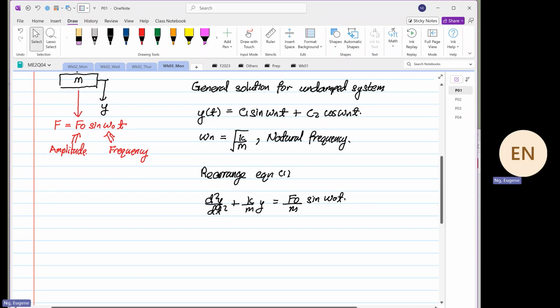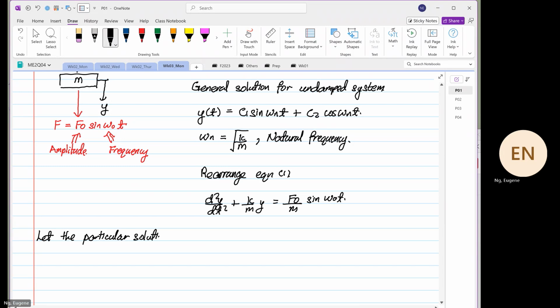We're going to let the particular solution be y as a function of time is equal to x sine omega naught t.